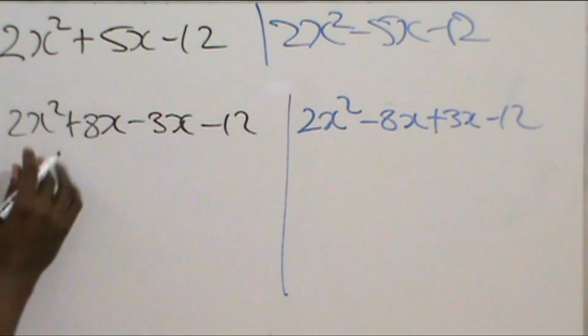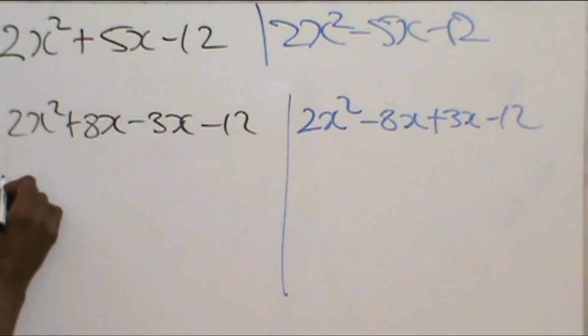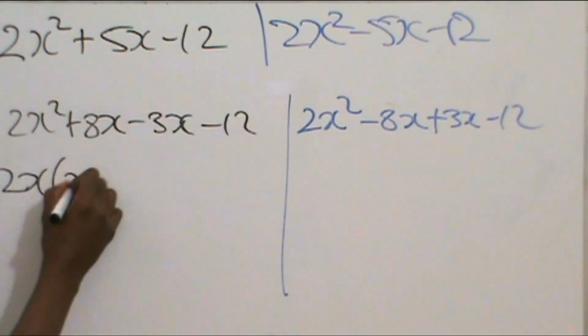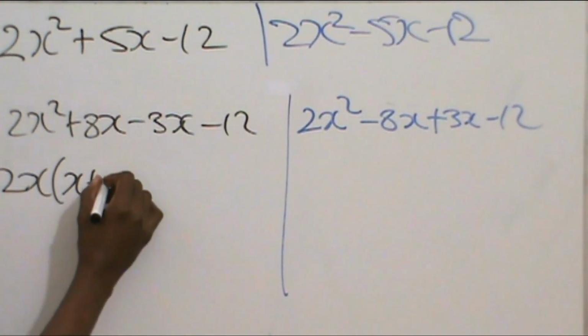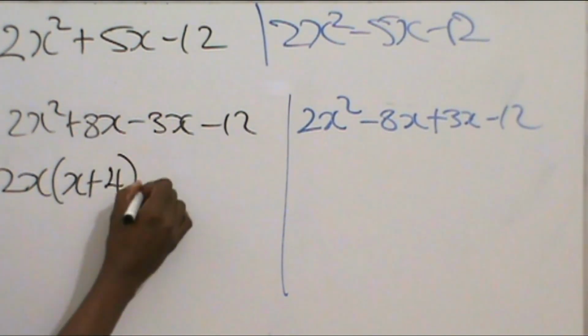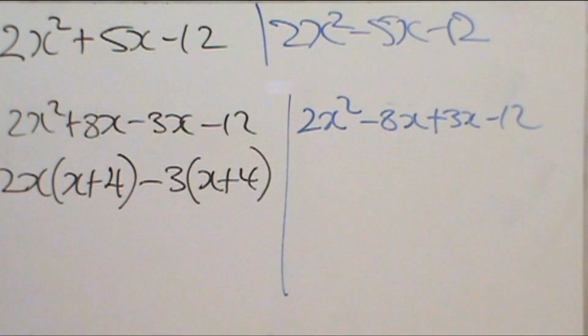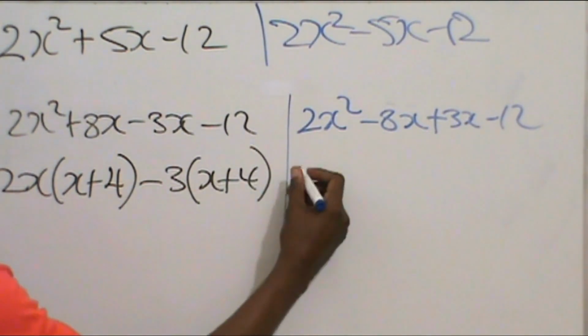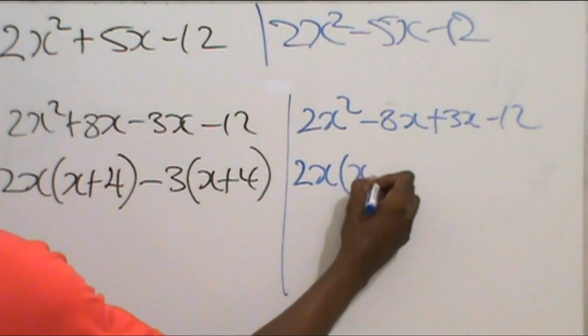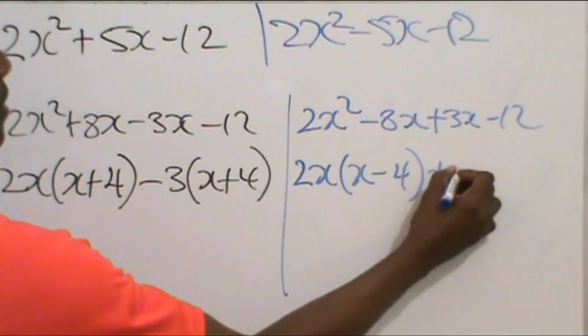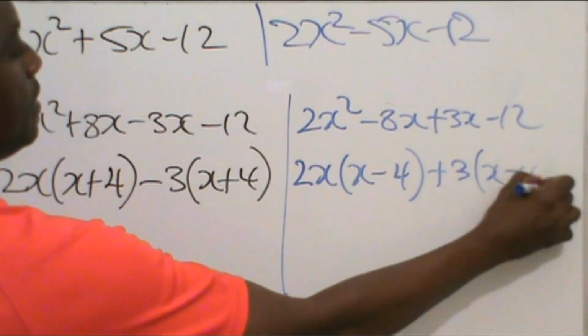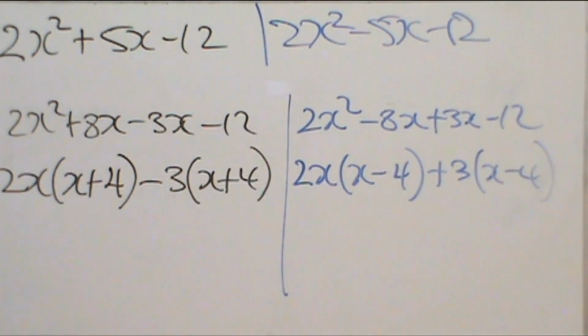So now we factorize as before. Factorize by grouping. You have 2x into x plus 4, minus 3 into x plus 4. In this case here, you will have 2x into x minus 4, plus 3 into x minus 4. Alright.